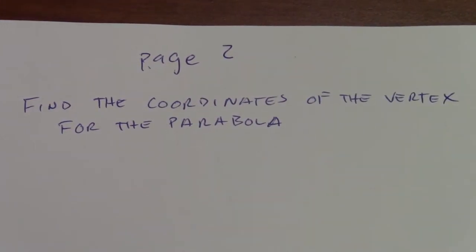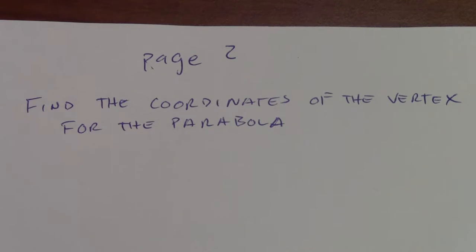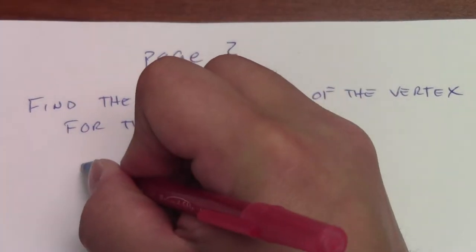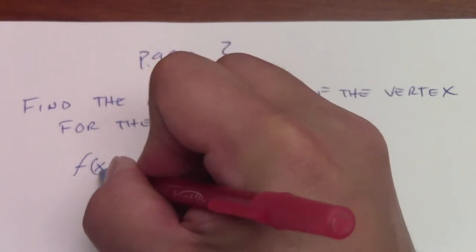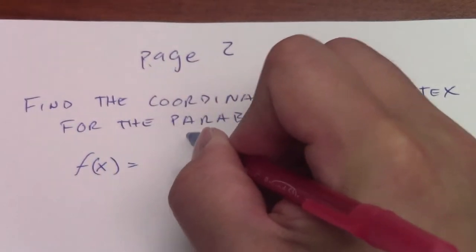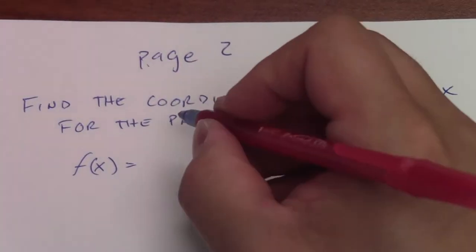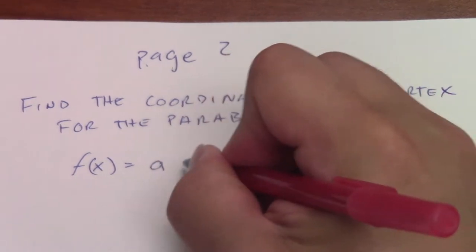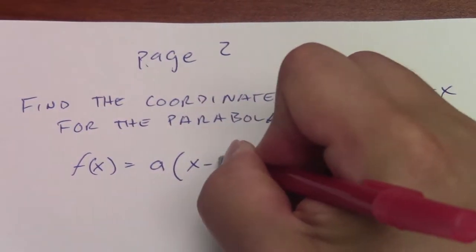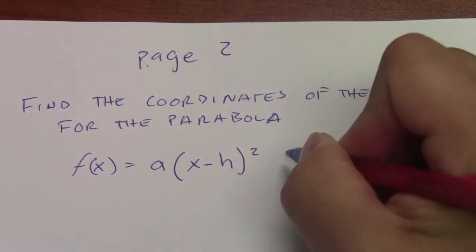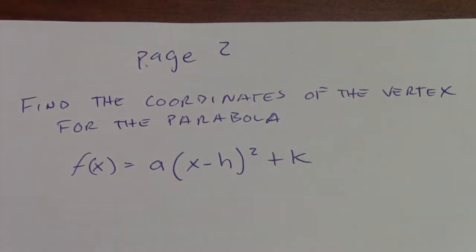All right. So first thing I need to do is just find the formula. All right. So what I'm looking for really, if I see f of x is equal to, well, the formula is a times x minus h squared plus k.